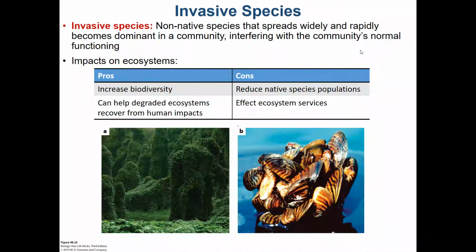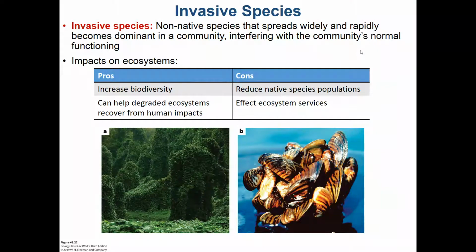They can help degraded ecosystems recover from human impacts, but if left unchecked, they can have major impacts on ecosystem services. It's been estimated that 49,000 invasive species have been introduced into the United States. Many of these provide food or pleasure, such as ornamental plants, and only a few have escaped into natural ecosystems.